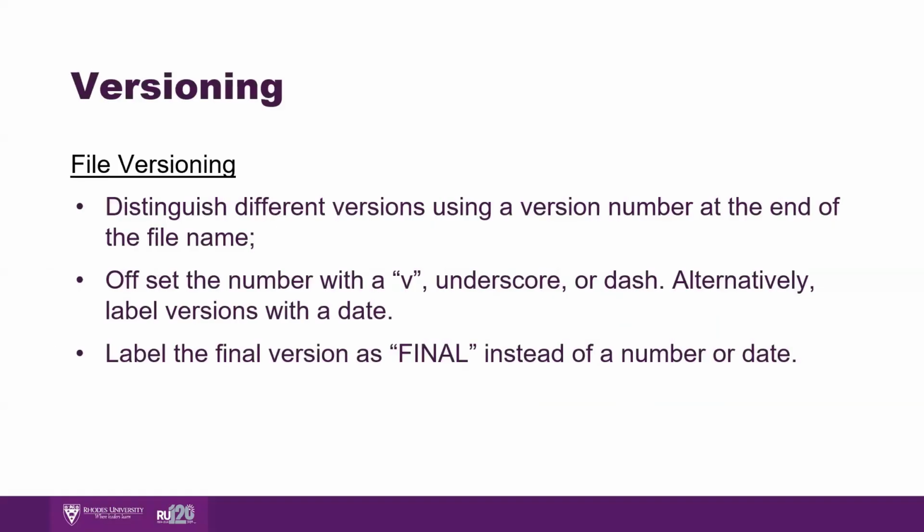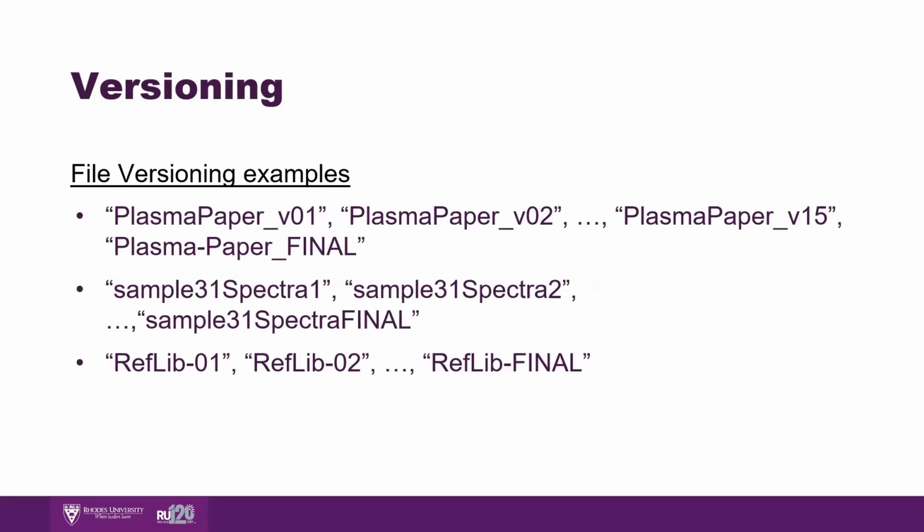Now, as you work on different files, there are a variety of versions of files that you would actually have. And it's important that the different file versions are included in the file names, usually. So you would either have numbers included, and then the final version of the document would have the word final added to the name.